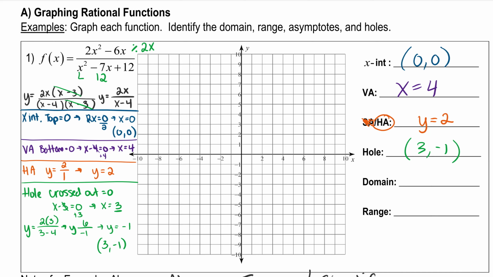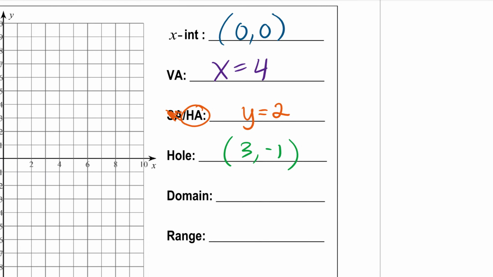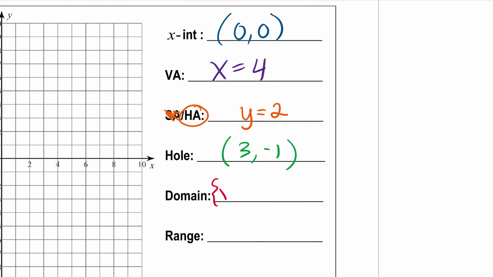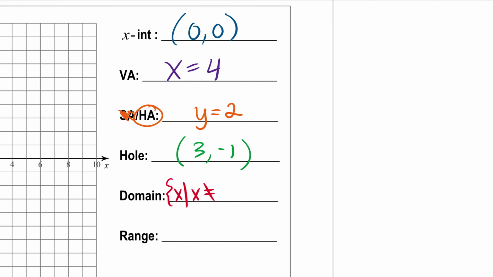Okay. Now I can do domain and range. So domain, I have x such that x does not equal, and if you remember, my domain is going to be VA and my x value of my hole.